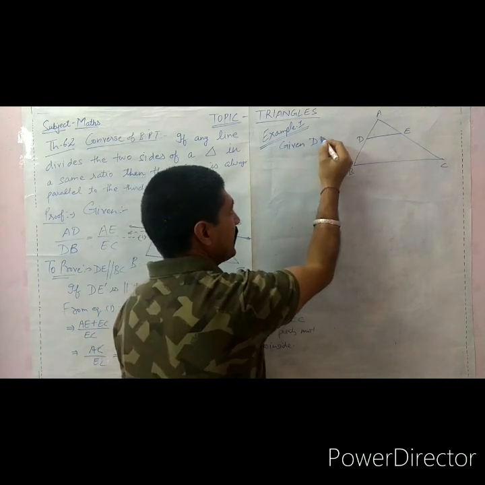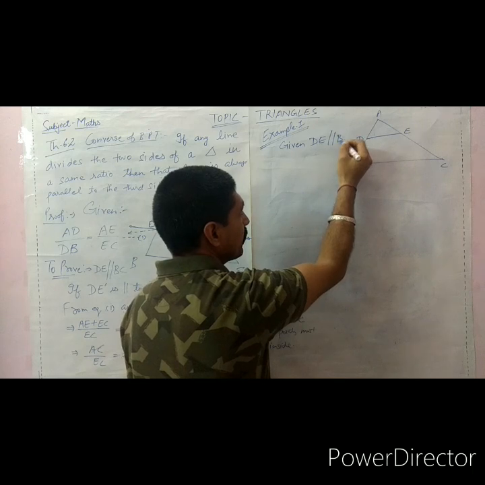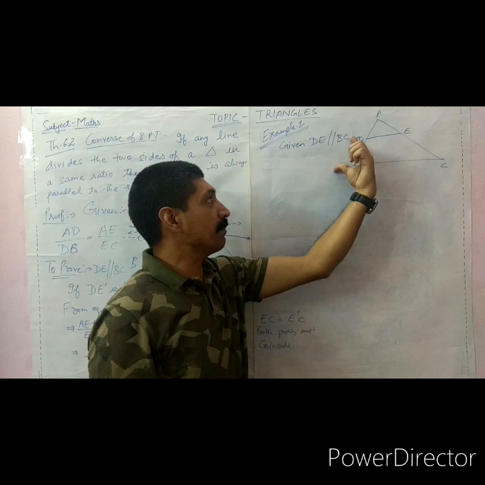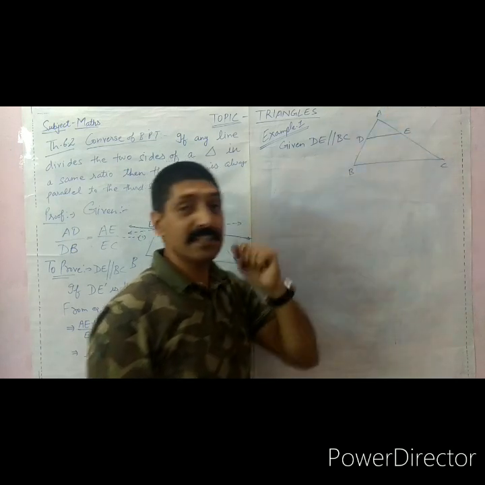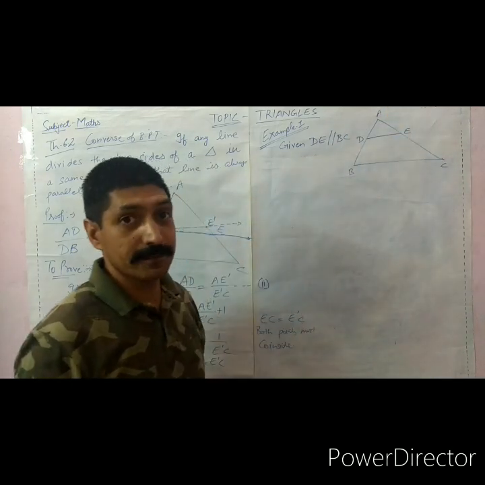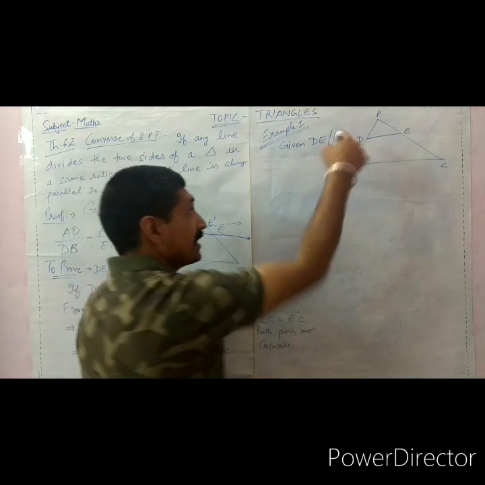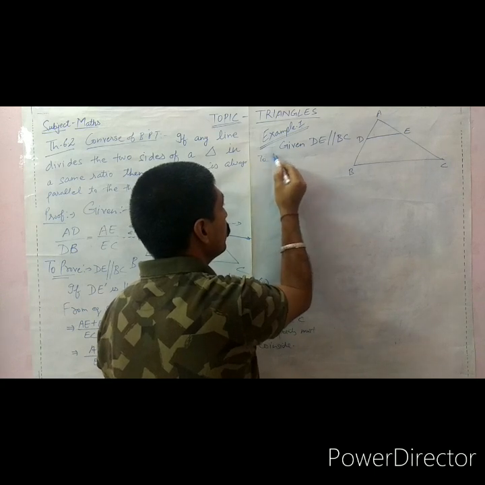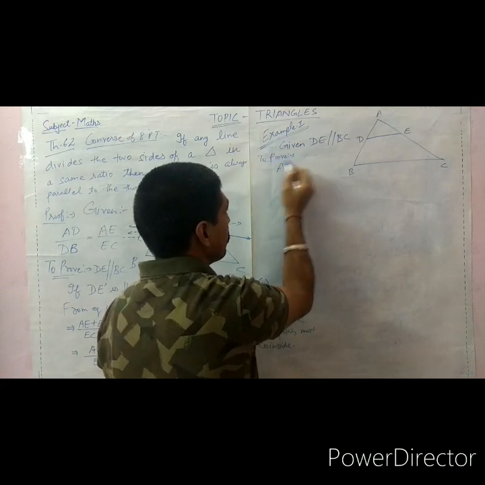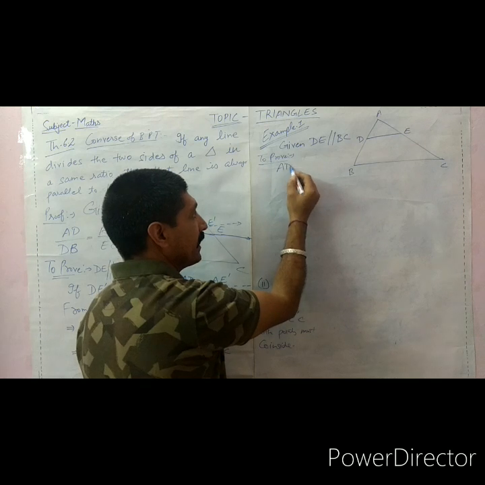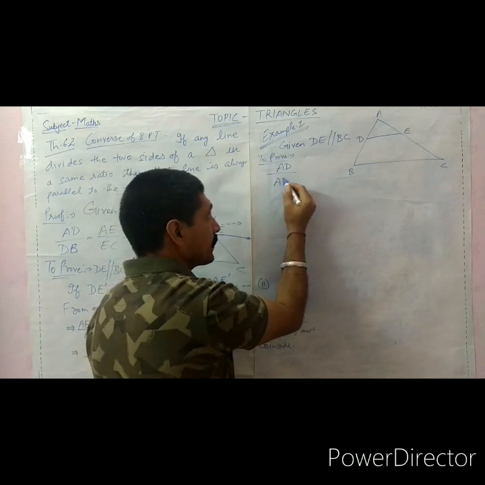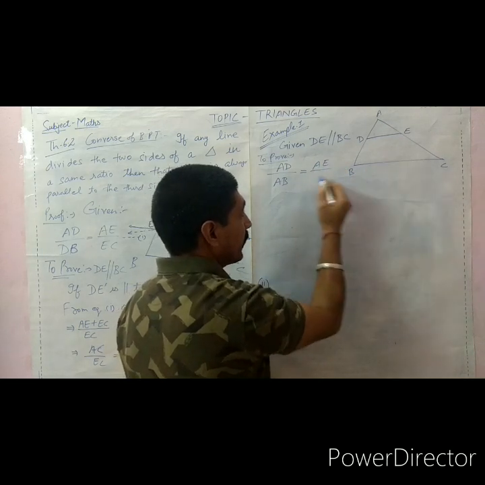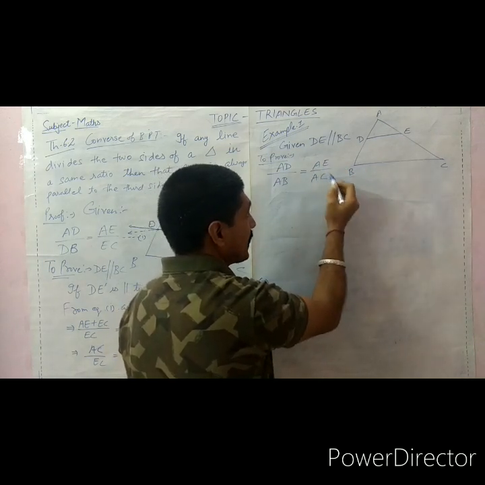Given DE is parallel to BC, and BPT says AD upon DB is equal to AE upon EC. But here they are asking something different. They are asking us to prove that AD upon AB is equal to AE upon AC.